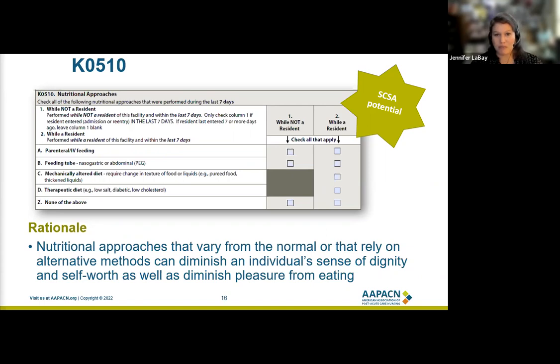If you're doing this assessment and they've only been in the facility 5 days, then the 2 days that they were not in the facility to make that full 7 days would be coded as while not a resident. And then once they've come into your facility, while a resident will be what you code in column 2. If this assessment is being done on day 14 of the stay or day 120 of the stay, obviously they've been in your building longer than 7 days, so you're not going to have the opportunity to document the while not a resident column.